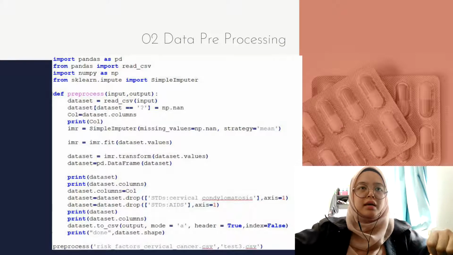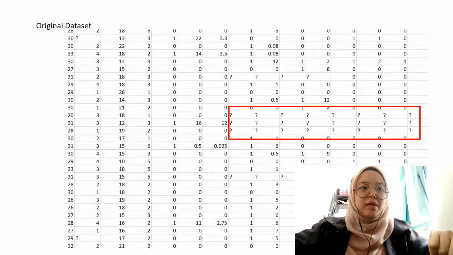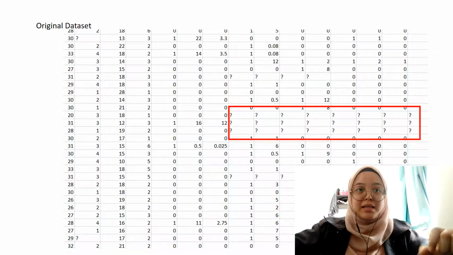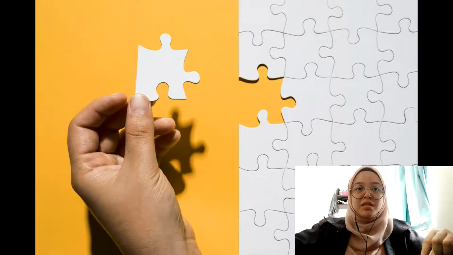This is data pre-processing. The important part is to pre-process the CSV file and put the output into a new CSV file. Initially, due to privacy concerns, there is some missing data in the dataset, so pre-processing is needed. In this case, we can use an interpolation technique to estimate the missing values from other training samples in our data.